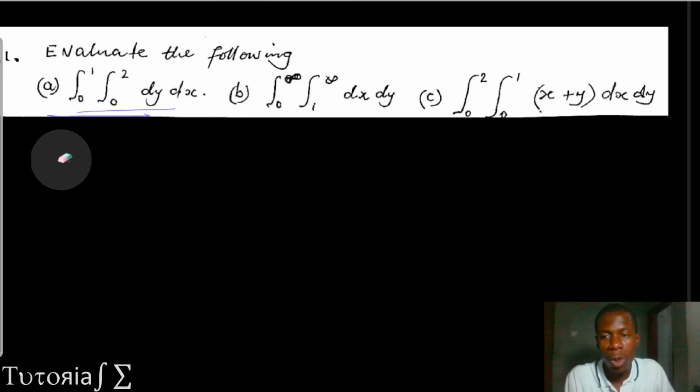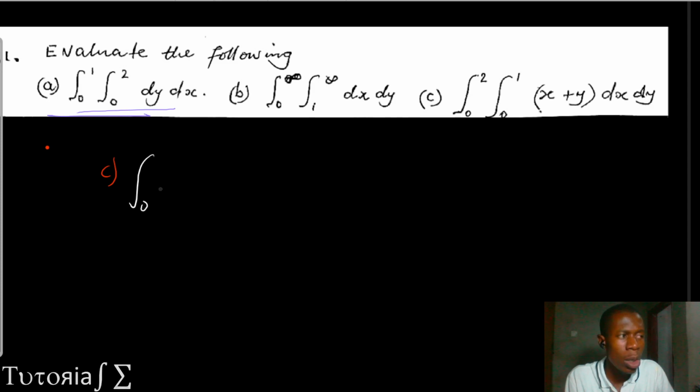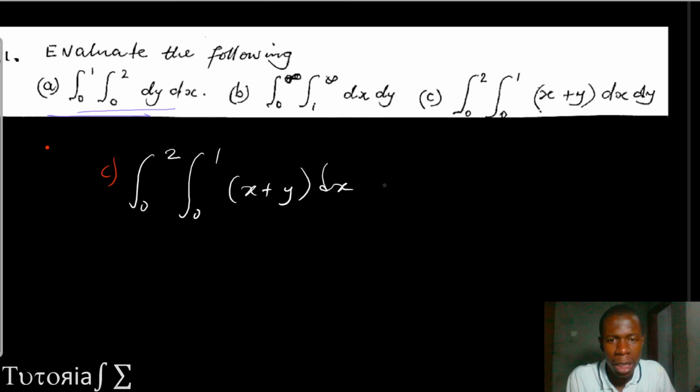Now we go to question C. All right, let me see here. Question C basically asks us to evaluate the integral from 0 to 2 and from 0 to 1 of x plus y with respect to x, then with respect to y. So evaluating this integral, again, same thing.